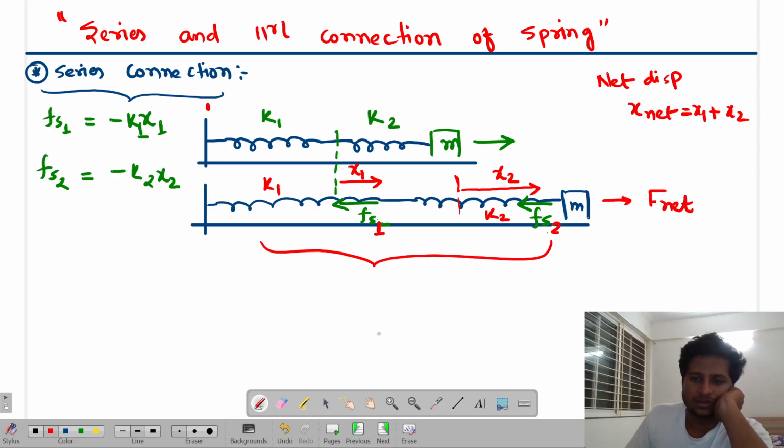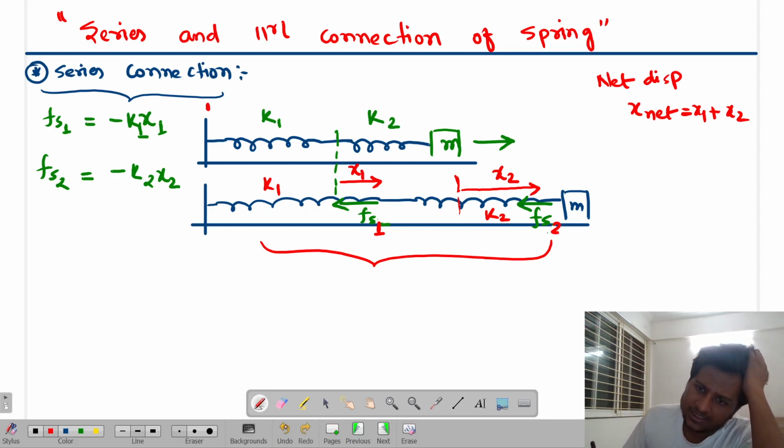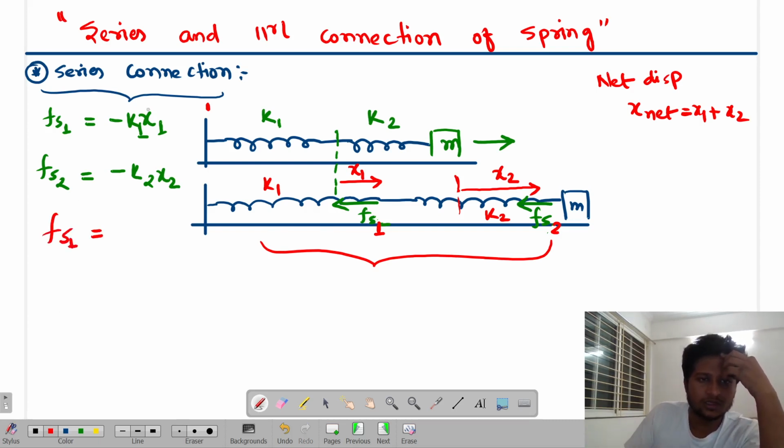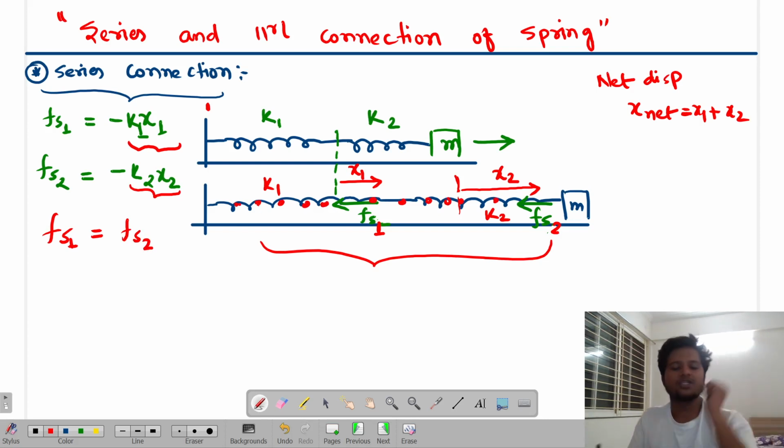Although the values of K1 and X1 are different from K2 and X2, the spring force in them is always the same, because they are joined together and moving in one direction. According to the constraint relation of the springs, all these points will feel the same amount of force, isn't it?